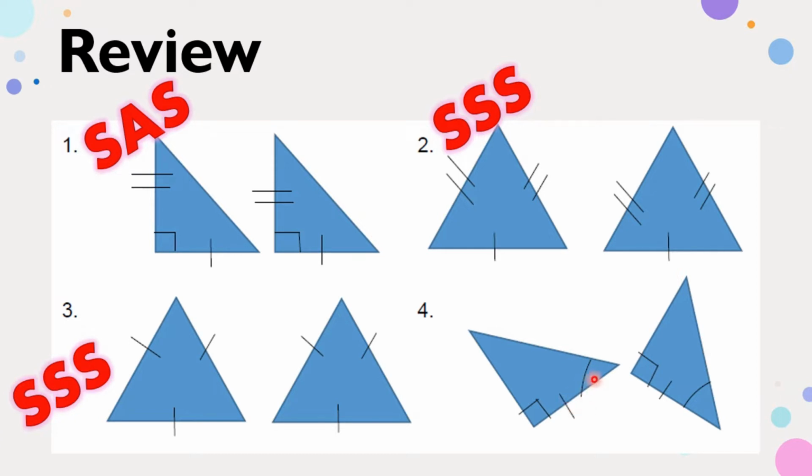Is the side included in 2 angles? If so, the triangle congruence postulate that made these triangles congruent is the ASA congruence postulate. So if you got this all correctly, I guess you are ready with our next topic. So let's start.